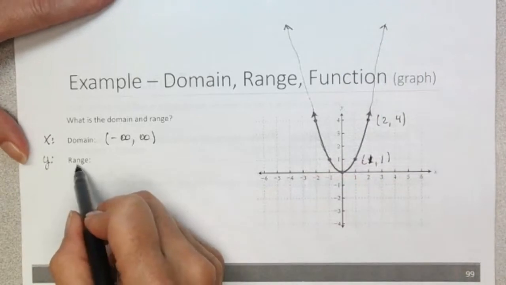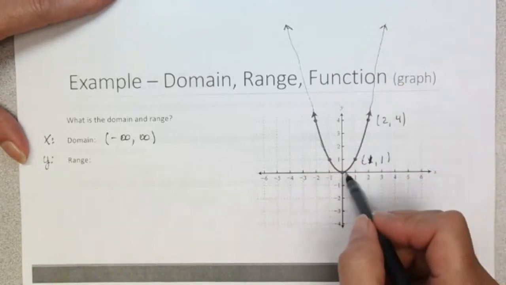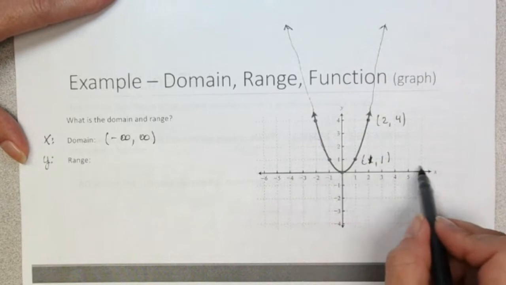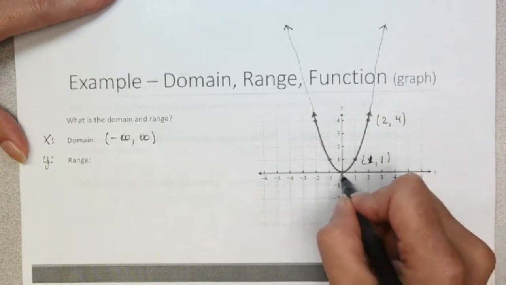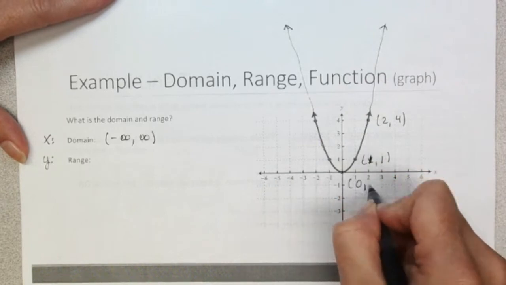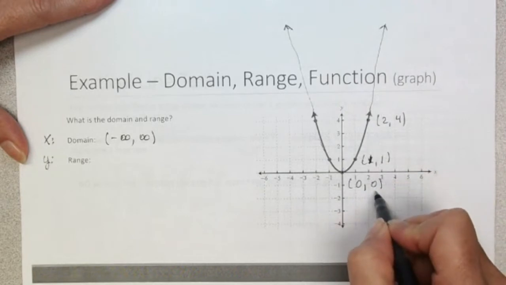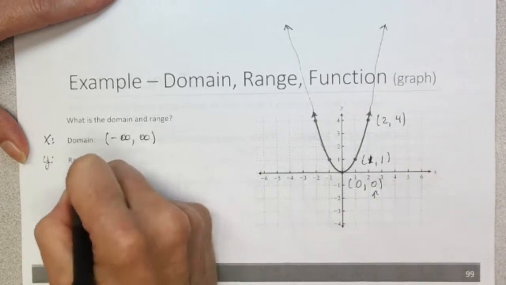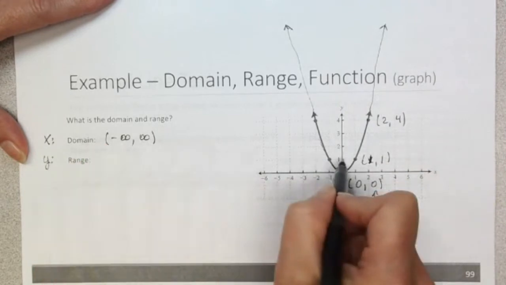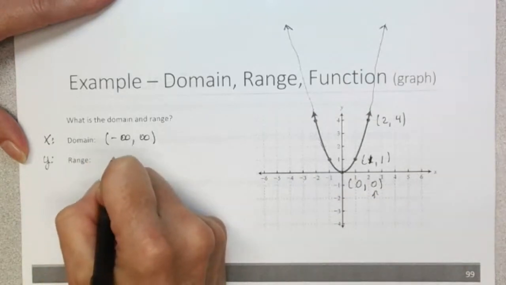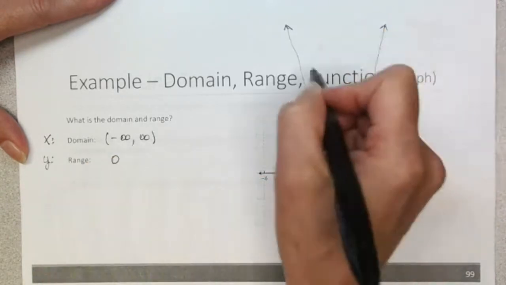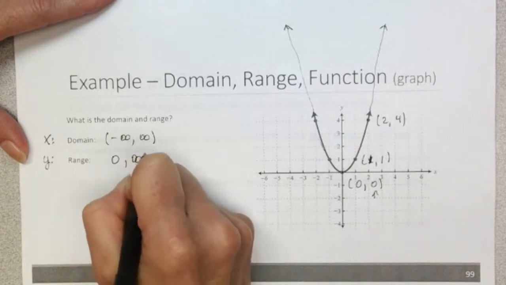So I would have to say that the range here, then, the smallest possible y coordinate I could have is sitting right on that x-axis, or the origin, right? Y coordinate at the origin is 0. So my smallest y value here on this graph is going to be 0. There is no largest that goes all the way off to infinity.